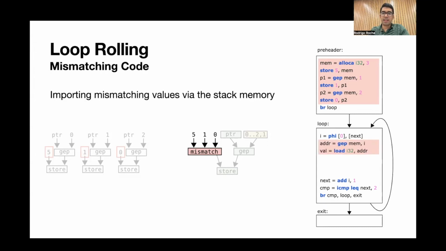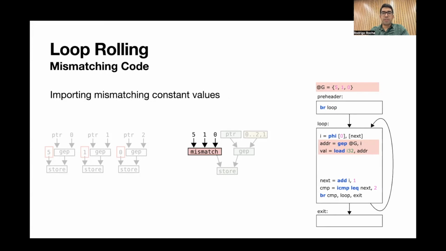In this case, we're storing 5, and then we're storing 1, and then we're storing 0 into this array. Then inside the loop, we'll use the iterator to index this array and load the appropriate value depending on which iteration we are running. And then the loaded value will be used in the computation inside the loop.